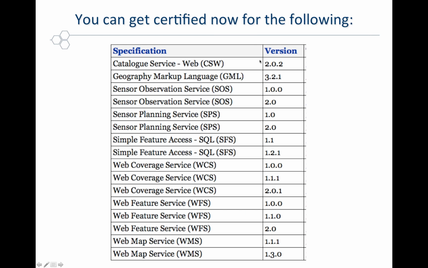So we have Catalogue Service for the Web 2.0.2, Geography Markup Language 3.2.1, Sensor Observation Service 1.0.0, Sensor Observation Service 2.0, Sensor Planning Service 1.0 and 2.0, Simple Feature Access SQL 1.1 and 1.2.1, Web Processing Service 3 versions, Web Feature Service 1.0, 1.1.0, and the new one 2.0, and Web Map Service 1.1.1 and 1.3.0.